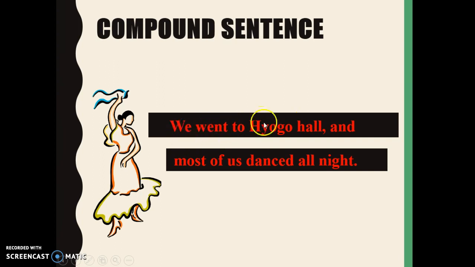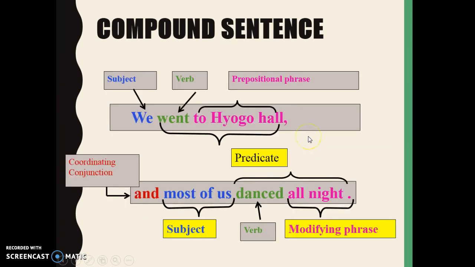We have two here. As we can see, in we went to Hugo Hall, the subject is we, the verb is went, the prepositional phrase is to Hugo Hall, and we have the coordinating conjunction and, then most of us danced all night.